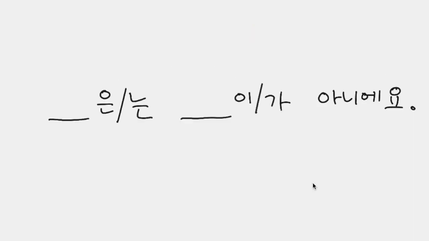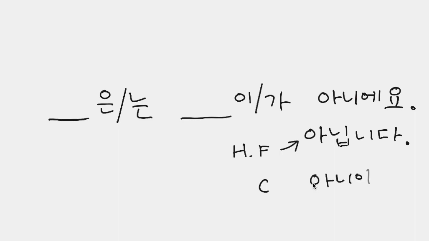Okay? Unrefined formal will be 아닙니다. And if you want to speak in casual form, you say 아니야. And 아니에요 is polite form, right? 요 ending, polite form. 아닙니다, statement, unrefined formal. But we learned the question also, right? So you can mix all the sentences into question form too. 아니에요, just add a question mark.